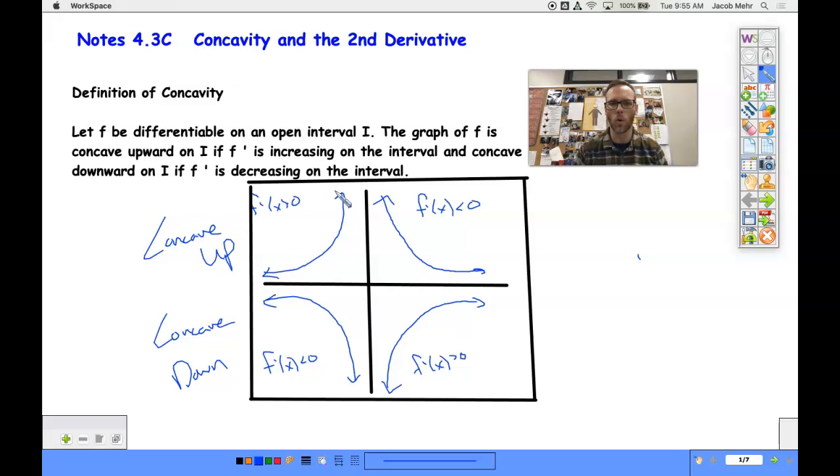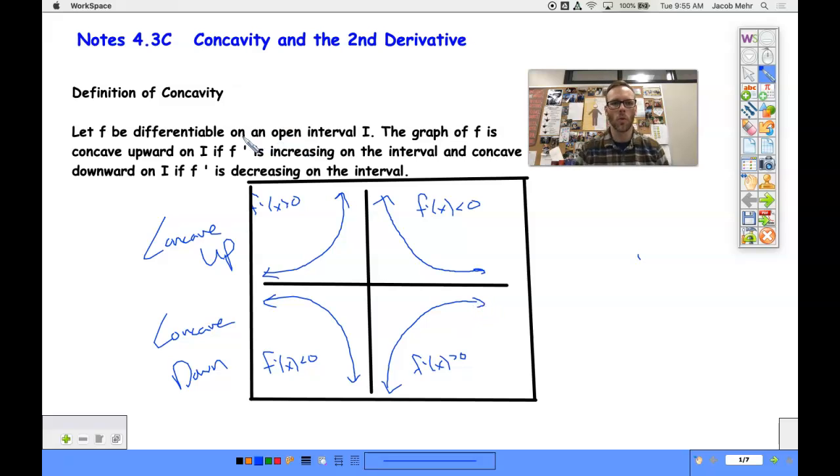Here it's positive and gets more positive. Here it's negative and gets less negative. Concave down, we see that the slope here is negative but gets more negative. f prime is decreasing. Here the slope is positive and gets less and less positive. That means that f prime is decreasing.